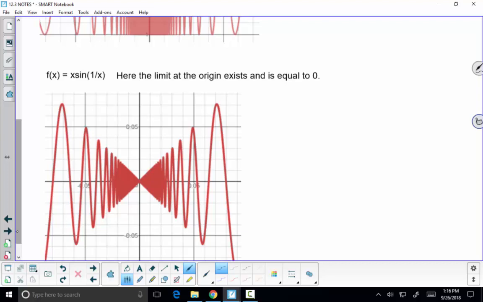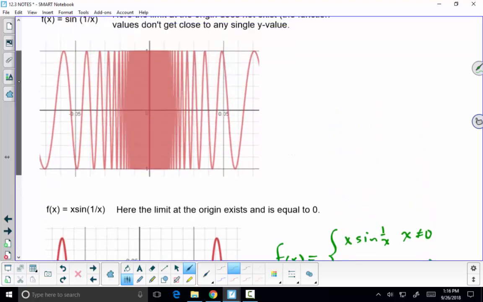If you do what we just did in the last one, if you piecewise it out and you say, hey, let's let this be x sine 1 over x for x not equal to 0, and you define it to be 0 when x is equal to 0, now you've got a continuous function. So that discontinuity at the origin is removable. Whereas this is not removable because you cannot define the function at 0 in a way to make this continuous. So that one is not a removable discontinuity.